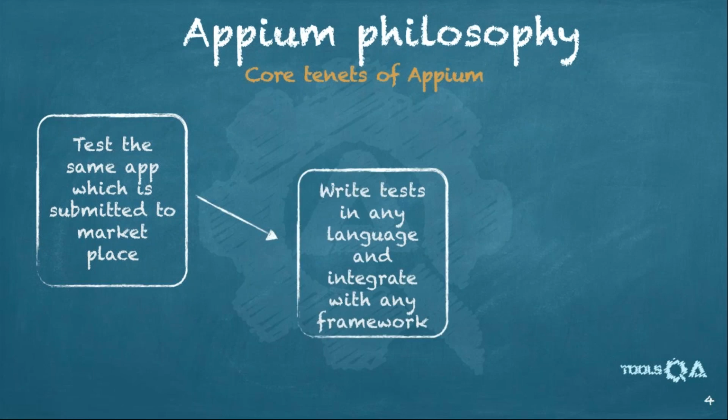that we have is you can write your test scripts in any language. We have a lot of options. We have Java, C Sharp, Ruby, Python, right? We can use any of these languages to write our test scripts. And even more beneficial is that we can integrate these test scripts with any existing automation framework, right?